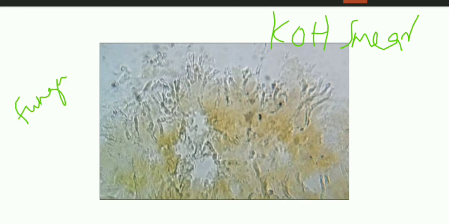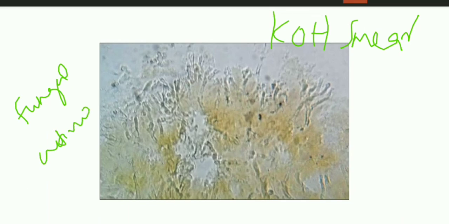So this is another investigation you can do, that is KOH smear. From the grains you do a KOH smear. So you can see. And how can you identify fungal grains or actinomycotic grains?